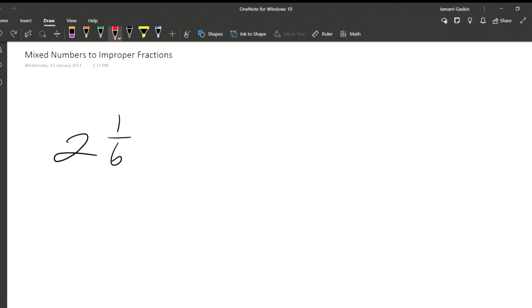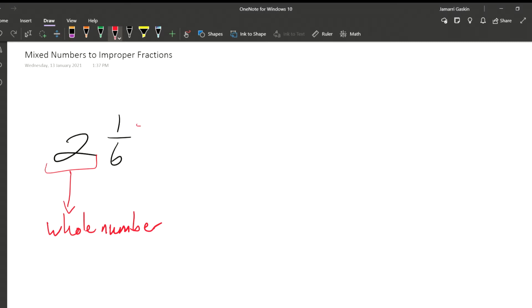All right. The first thing we have to do to understand how this works is break this down into several pieces. This mixed number: this big number that we often write is a whole number, and then we look at this fraction here, which is 1/6. We can break this down into further pieces.